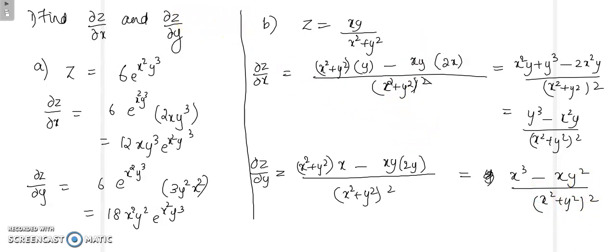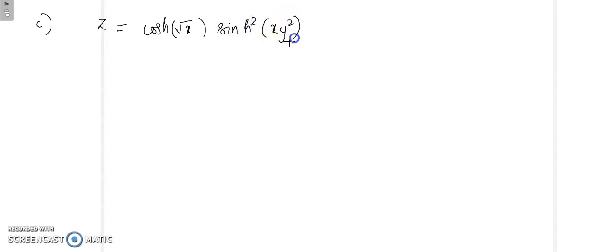Now let us look at one more problem. So you have z equal to cos h root x and sin square x y square. So you need to find dou z by dou x.